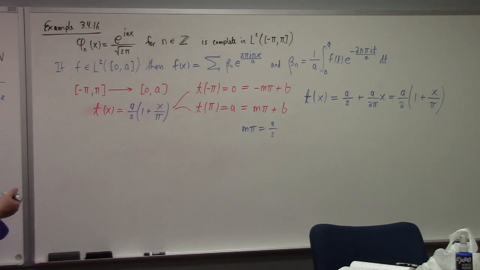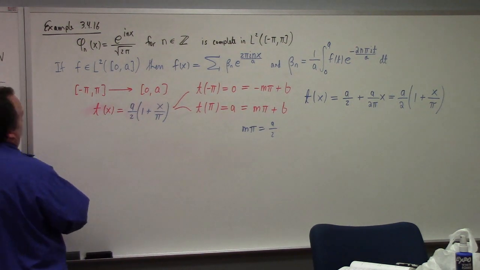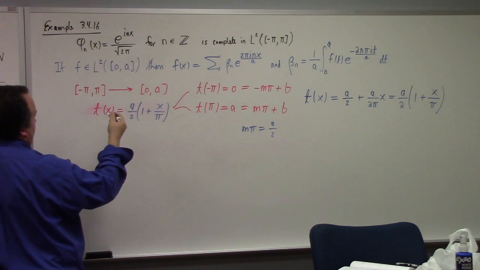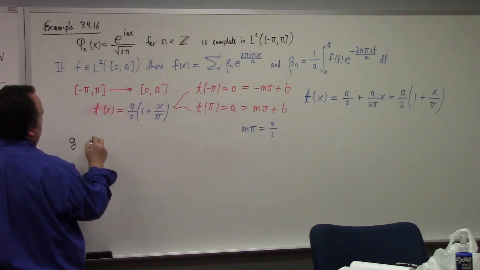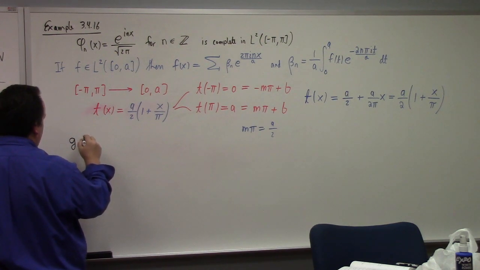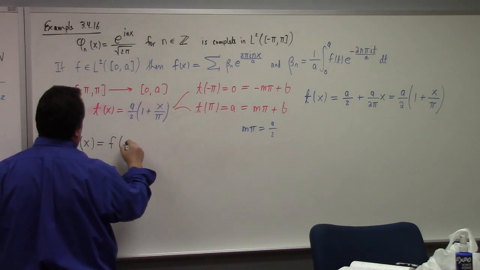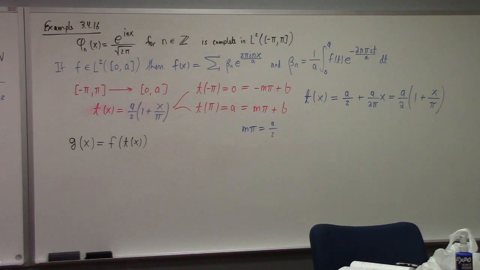Okay. So the idea here, I believe, is that you can construct g of x equal to f of t of x, if I did this right.